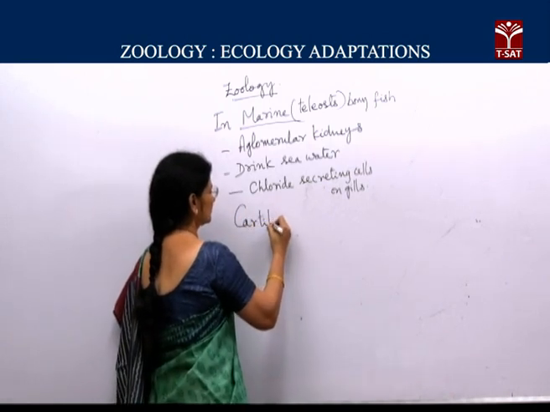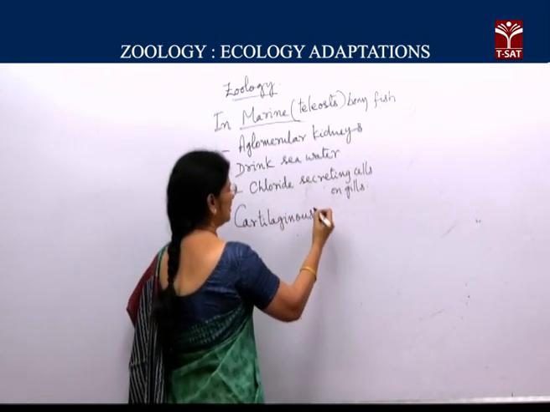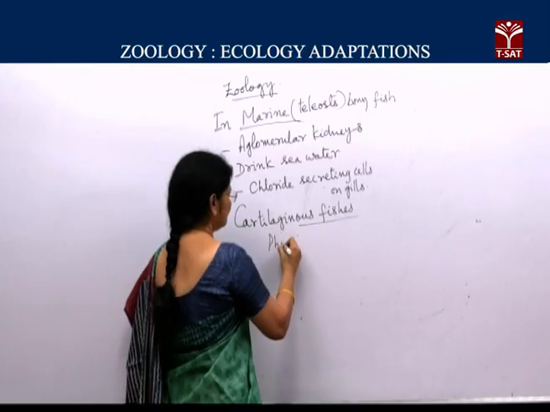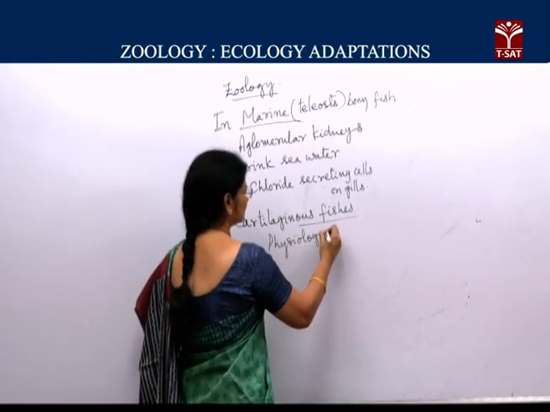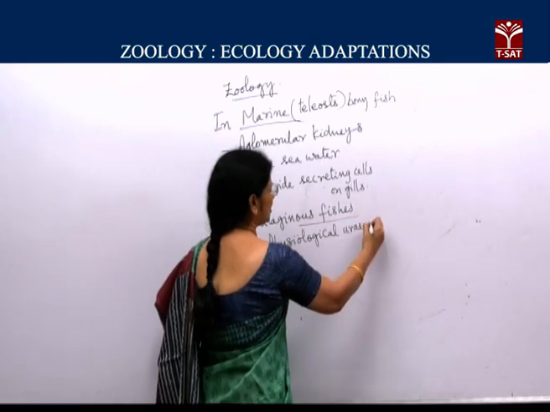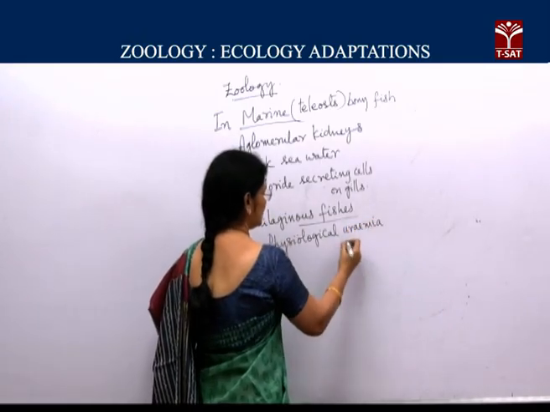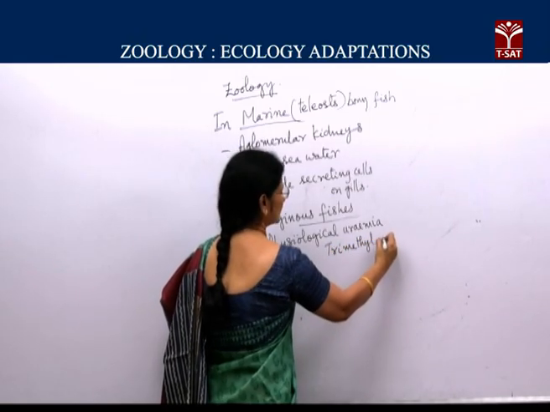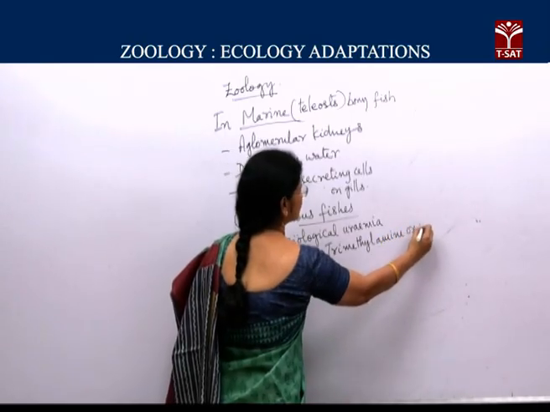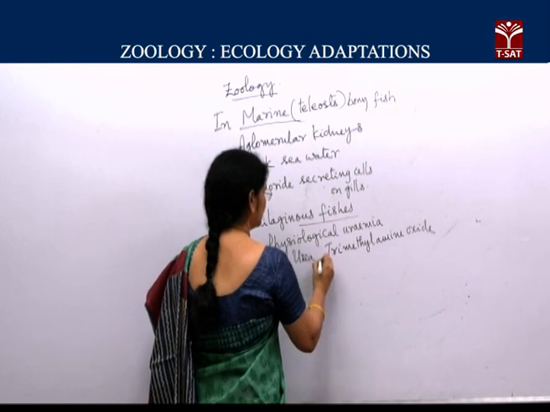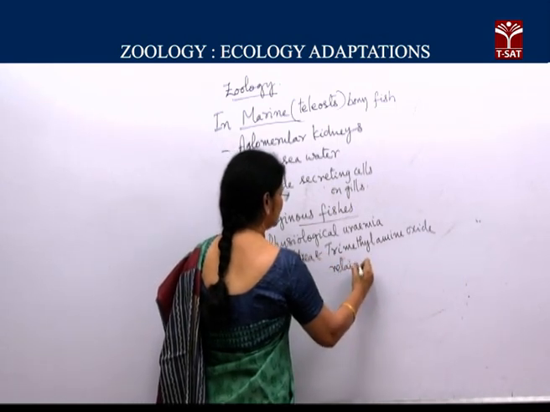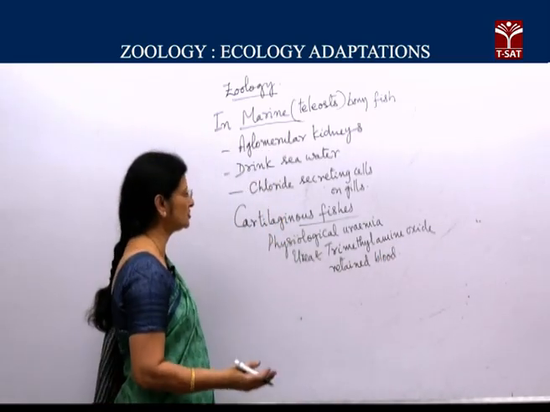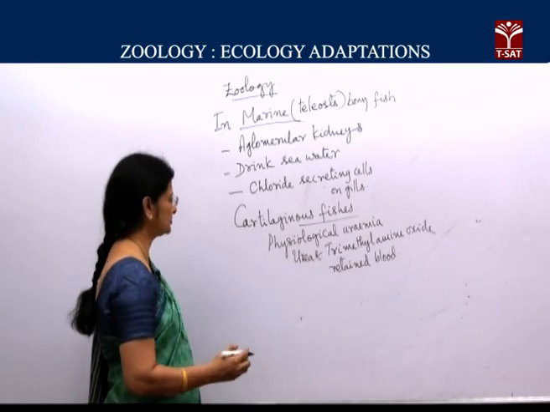Cartilaginous fish like sharks solve their problem in a different way, that they show physiological uremia, retaining urea in the blood. Trimethylamine oxide and urea are retained in the blood. So, body fluid concentration becomes equal to the surrounding. So, neither exosmosis nor endosmosis takes place.